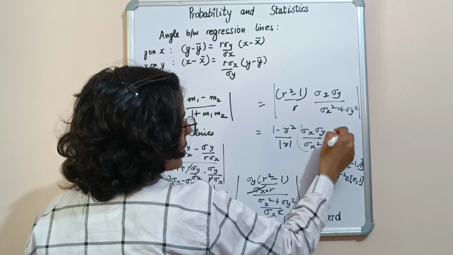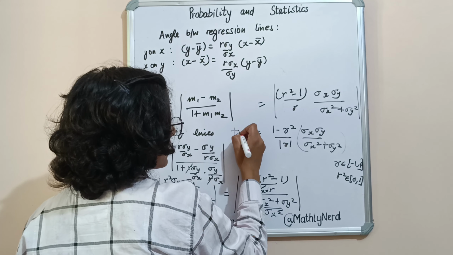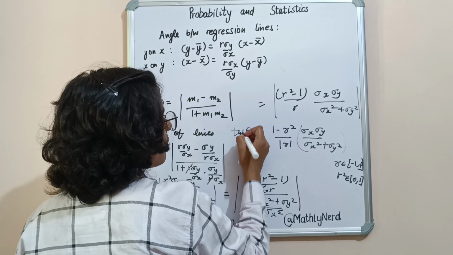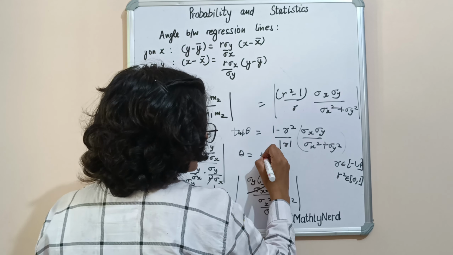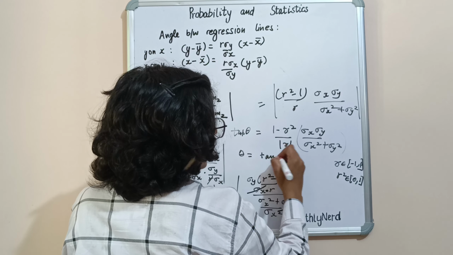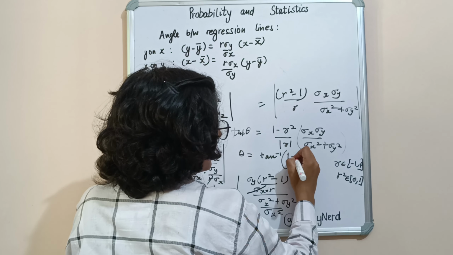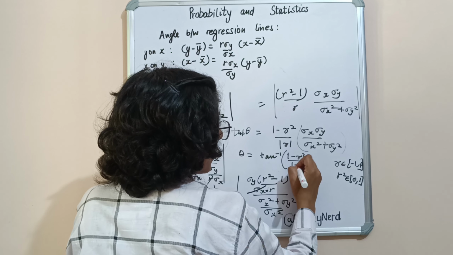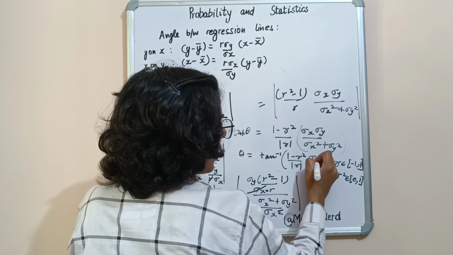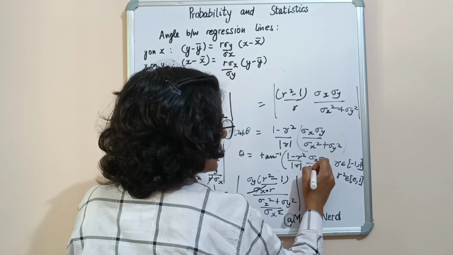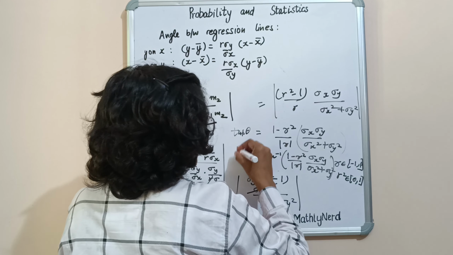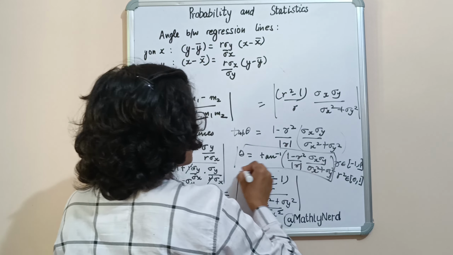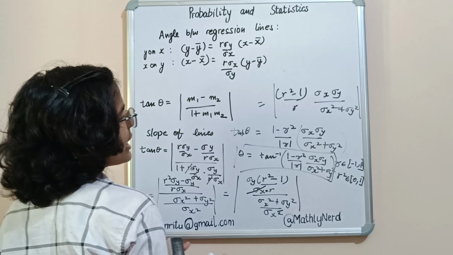This is the value of tan theta, and if we have to find theta, it will be tan inverse of 1 minus r square by mod r times sigma x sigma y by sigma x square plus sigma y square. This is our formula for the angle between regression lines.